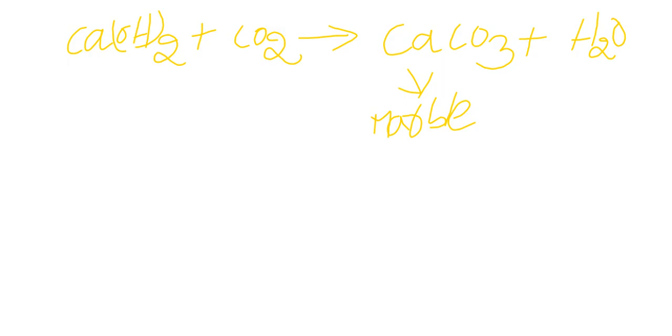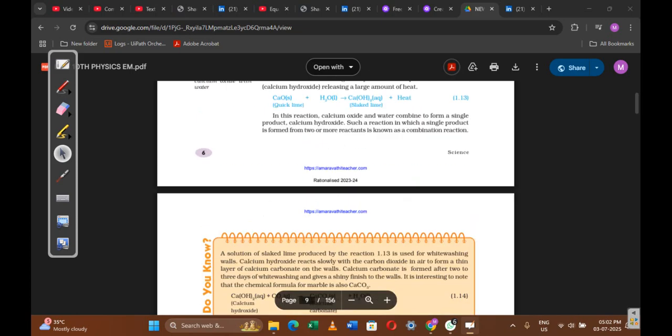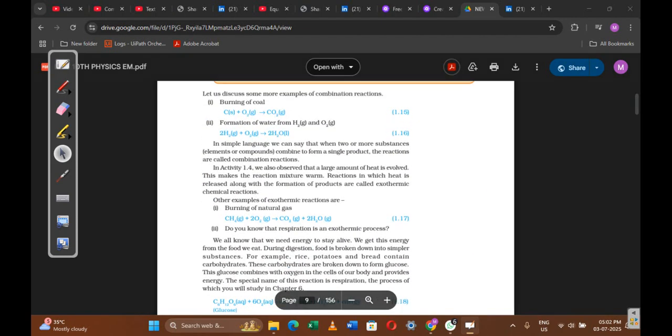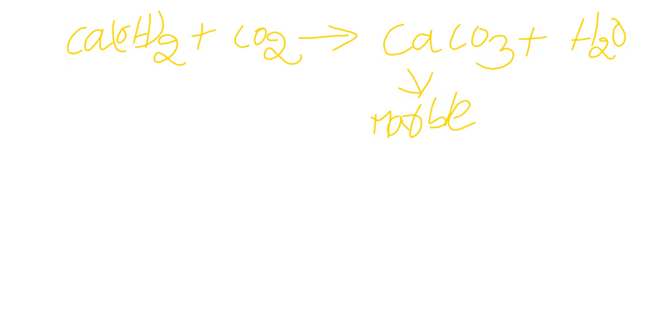Next reaction is burning of coal. Burning of coal means the substance reacts with oxygen.